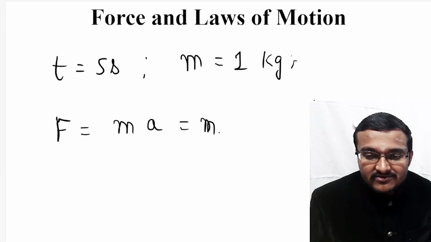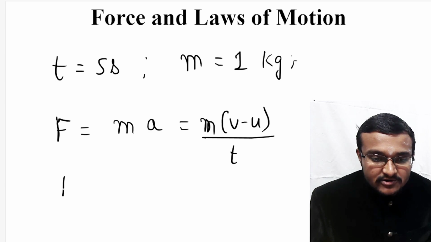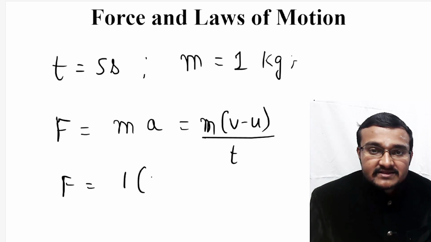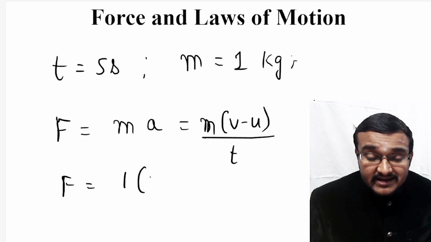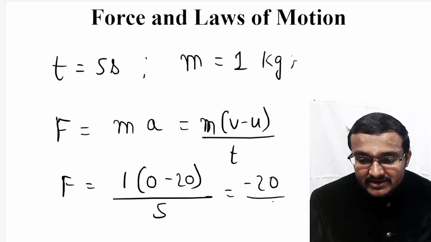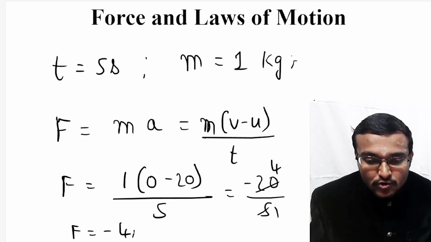Acceleration you can write as (v - u)/t. So F = 1 kg times (0 - 20)/5, which is minus 20 by 5, that is minus 4. So F is equal to minus 4 Newton.